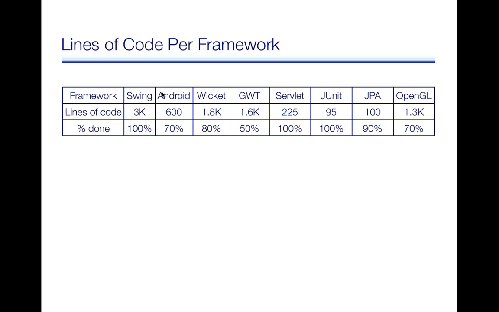Wicket was fairly complicated due to state management, serialization, threading problems, but it is still less than 2,000 lines of code. And GWT, for all of the complexity involved in converting Java to JavaScript and its separate runtime, was only 1.6 thousand lines of code for about 50% complete. And the other frameworks took hardly any code because it's just a few annotations and very simple layer definition files.